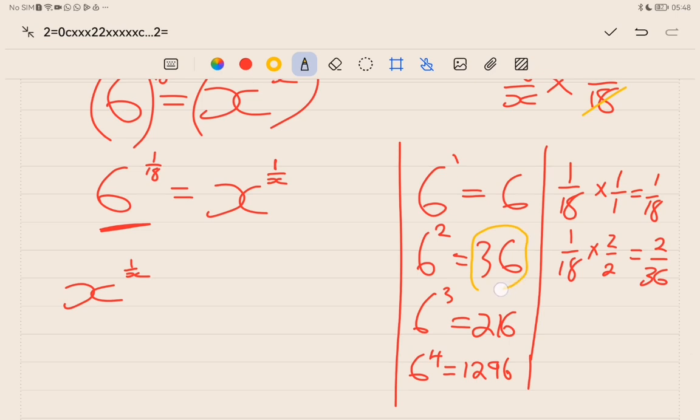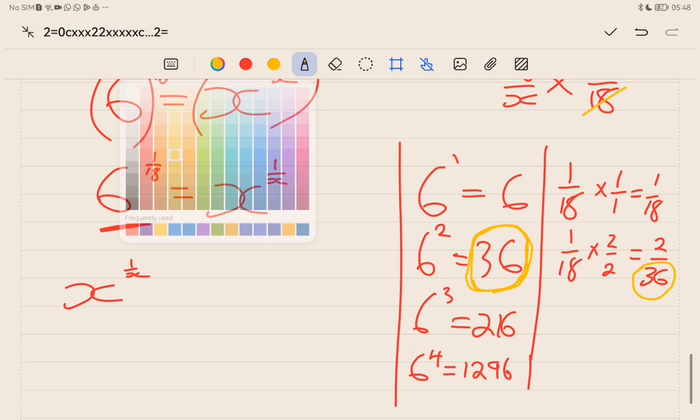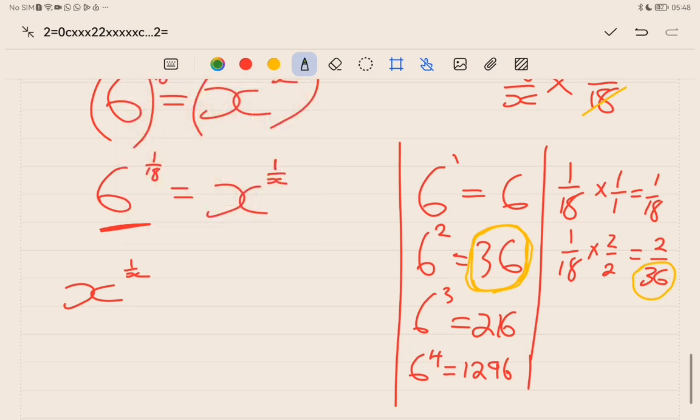Here it is 36, here it is 36. So we focus on the denominator of the exponent, and also this. Then there's something you really notice: here you have raised it to the power 2, and here you have multiplied by 2 over 2.